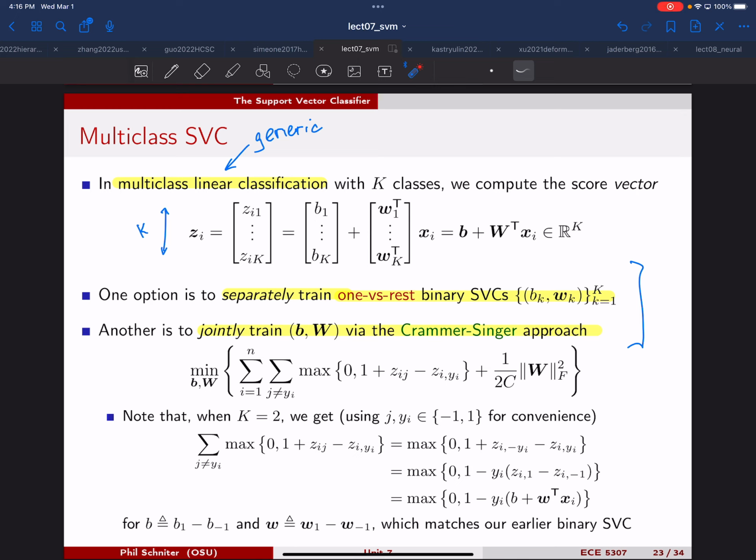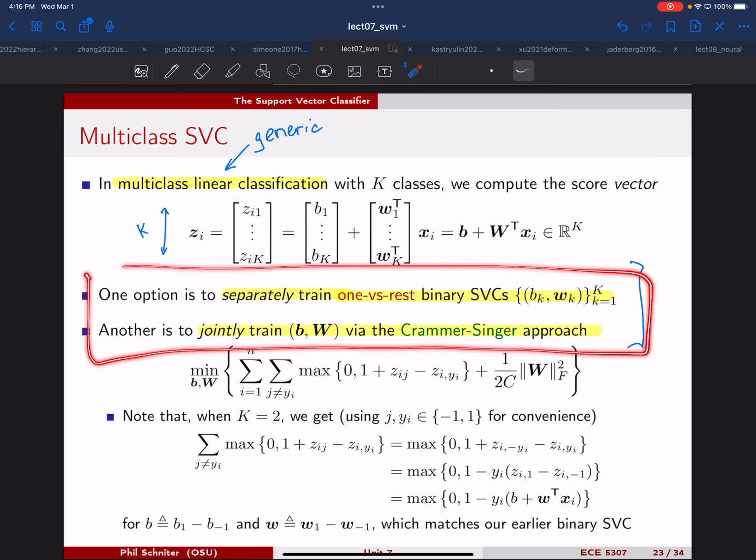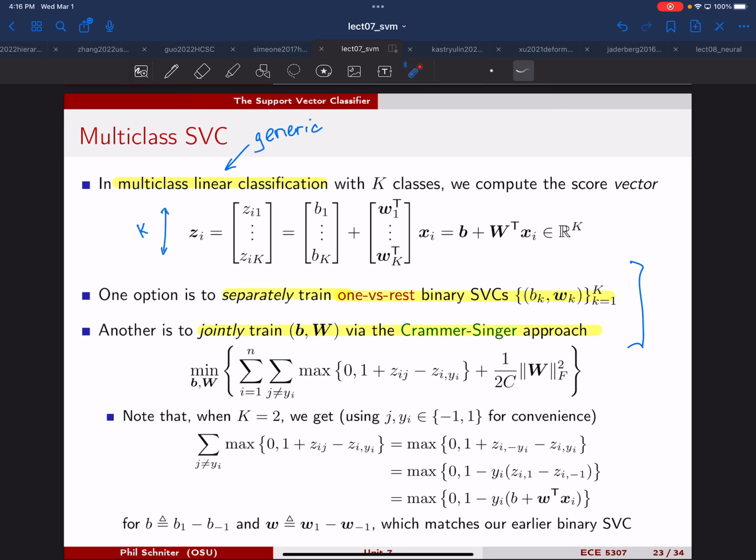Okay. All right, so are these two options making sense at a high level? In one case, you're using this kind of myopic view. Let's just train B1 and W1 separately from how we train all the others. So probably intuitively, that's not going to be as good as training them all together so that they all work well together, right?